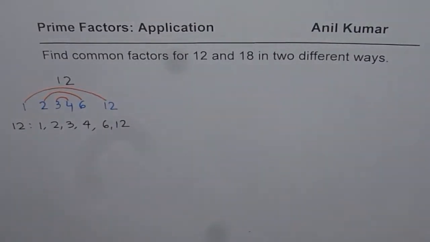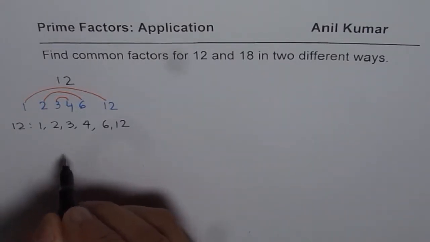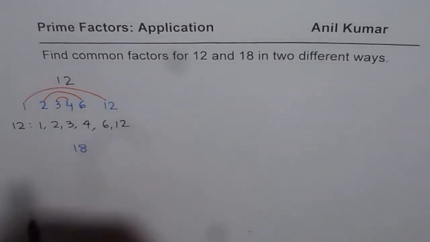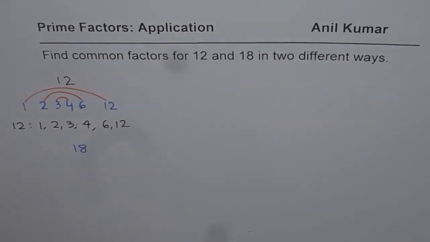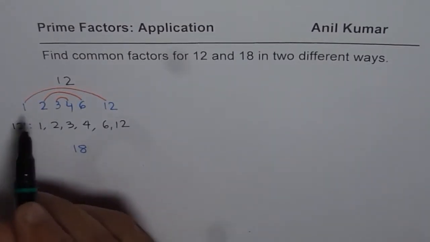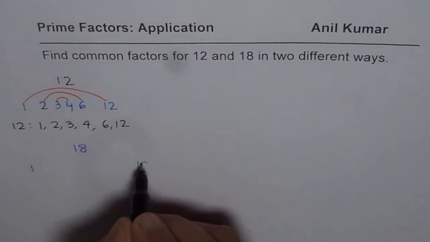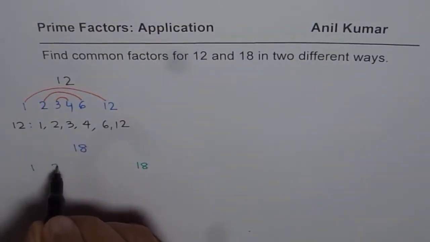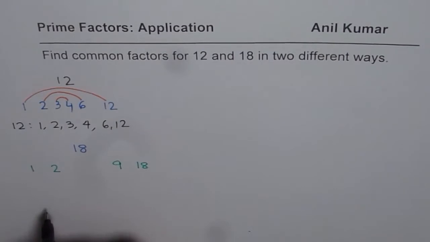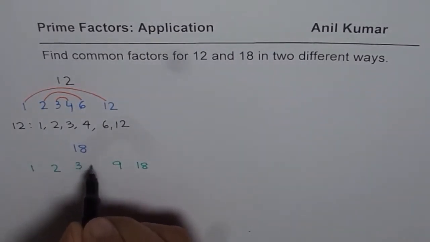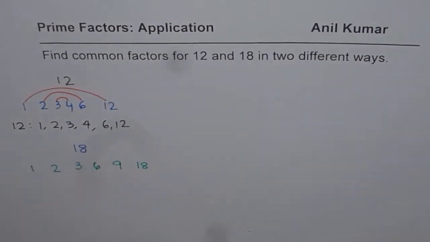Now, let us do the same operation for 18. Let's write down 18, and then factors of 18. We'll start with 1 as we did with 12. 1 times 18 is 18, 2 times 9 is 18, 3 times 6 is also 18, right?